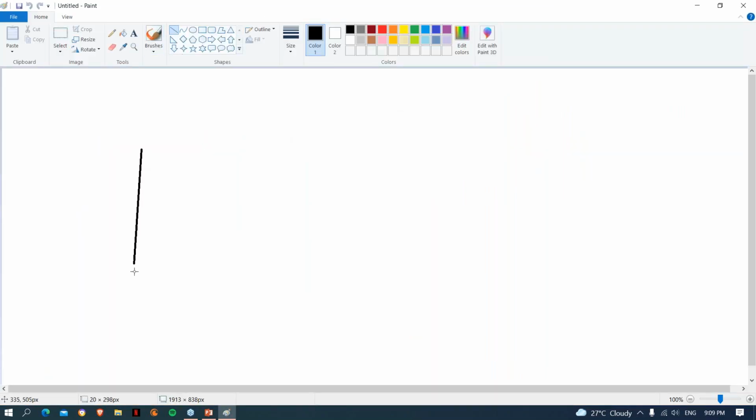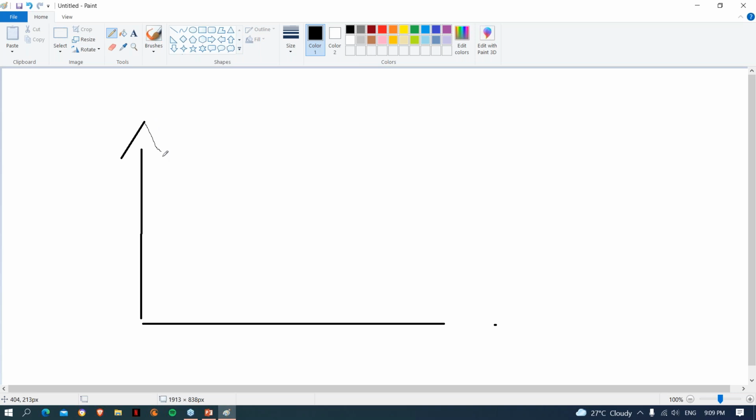So let's say we have a chart, okay? This is our chart. The top one here represents the value of whatever you're analyzing, whether it's a stock, currency, gold, oil, cryptocurrency, it's always going to represent the value.